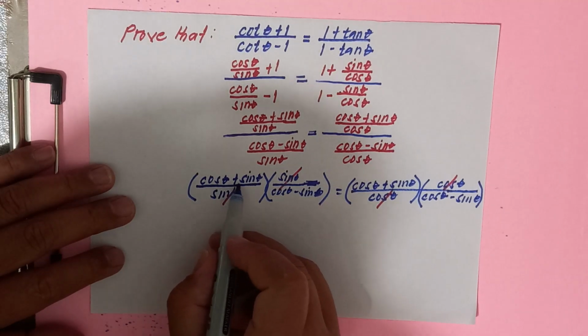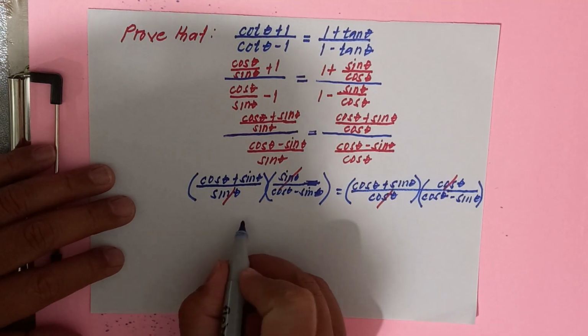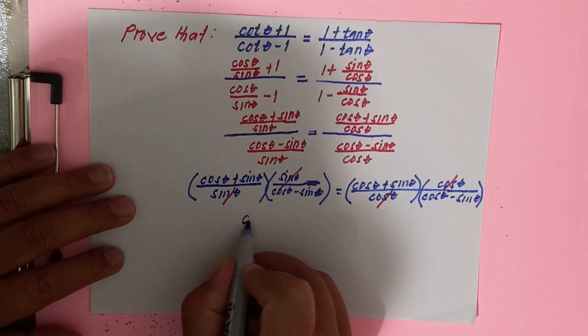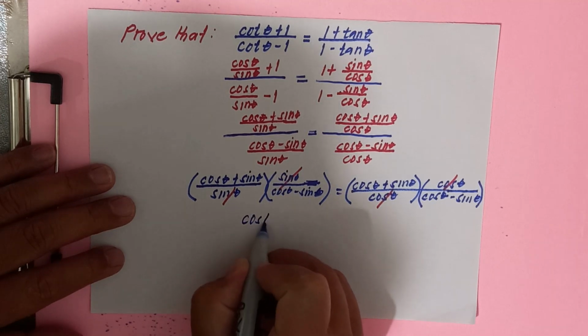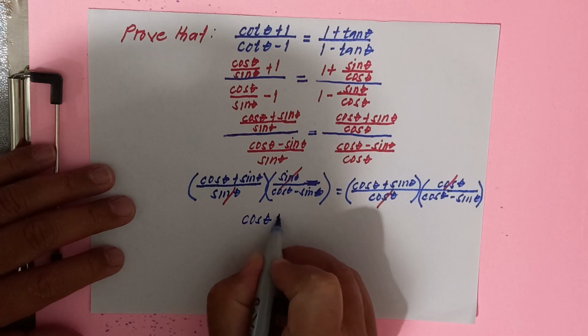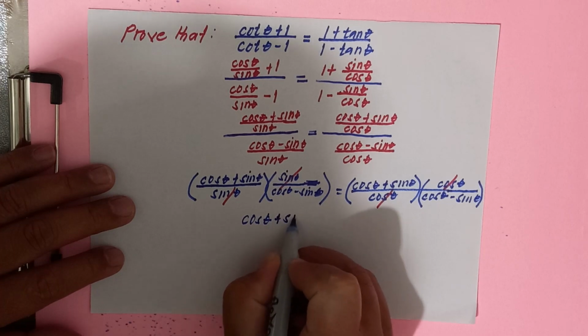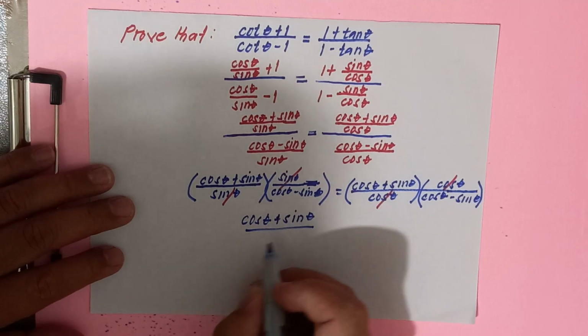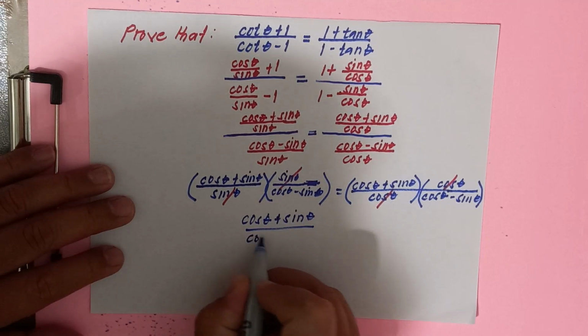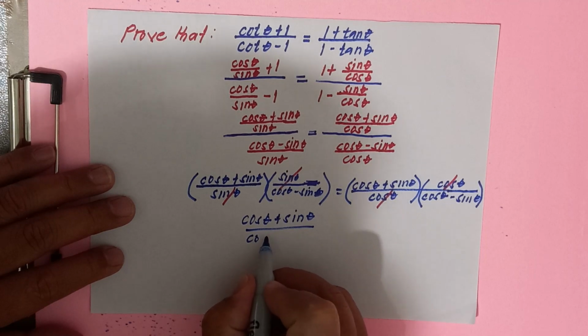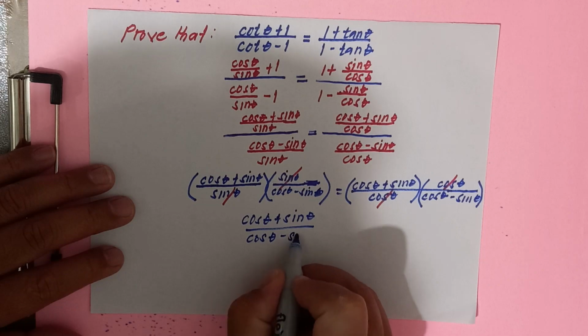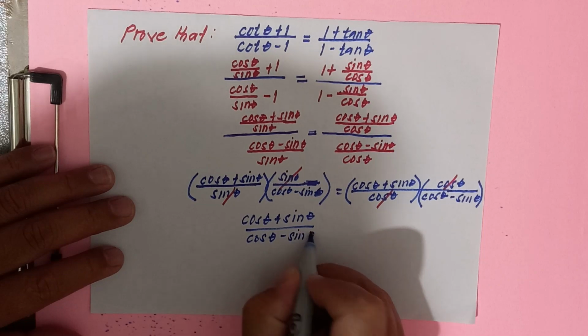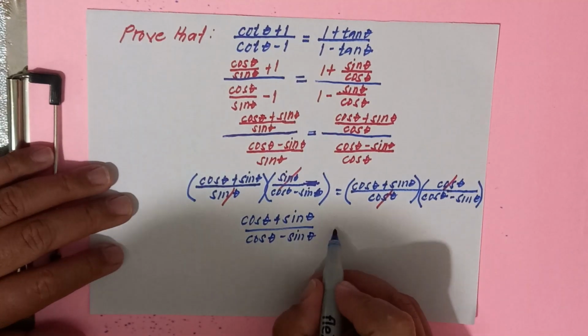Cosine theta plus sine theta over the denominator. What remains in the denominator is cosine theta minus sine theta.